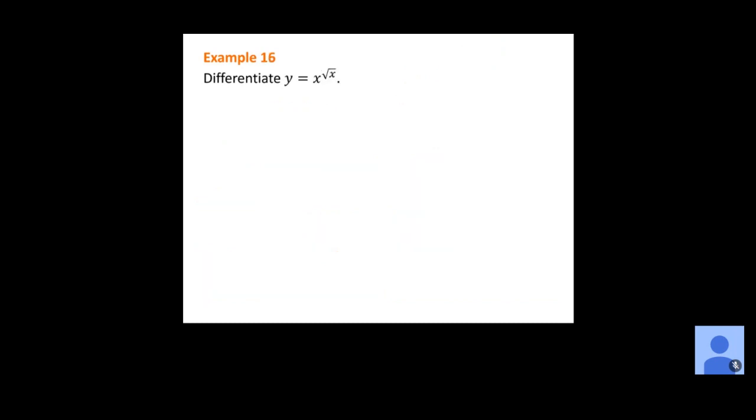All right, let's try this one now. So again, we want to differentiate y equals x to the square root of x power.